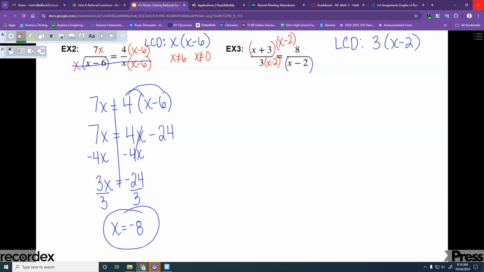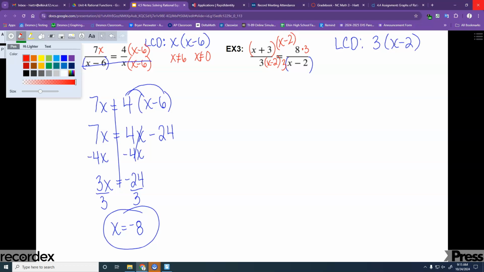Okay? Angel, what about the second one? What do I need to multiply by there? 3. So I multiply the top by 3 and the bottom by 3. Okay? Maya, once our denominators are the same, what can we do with them?